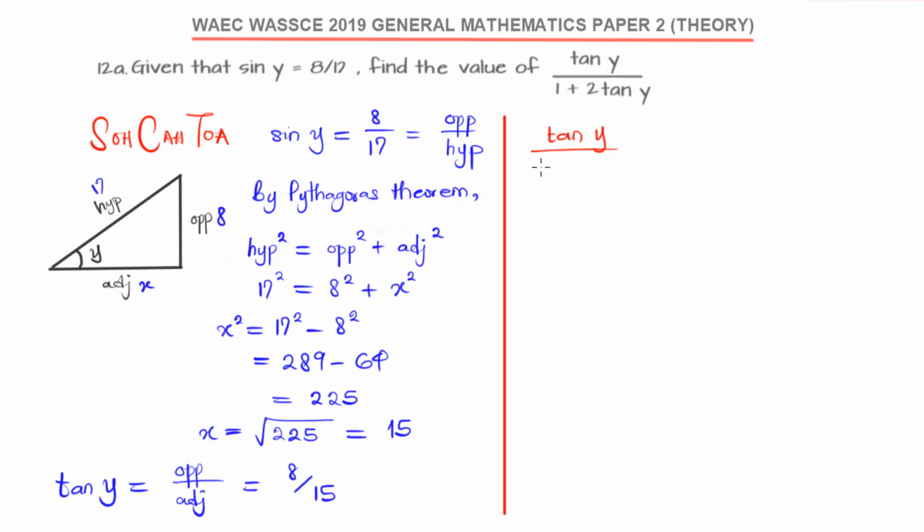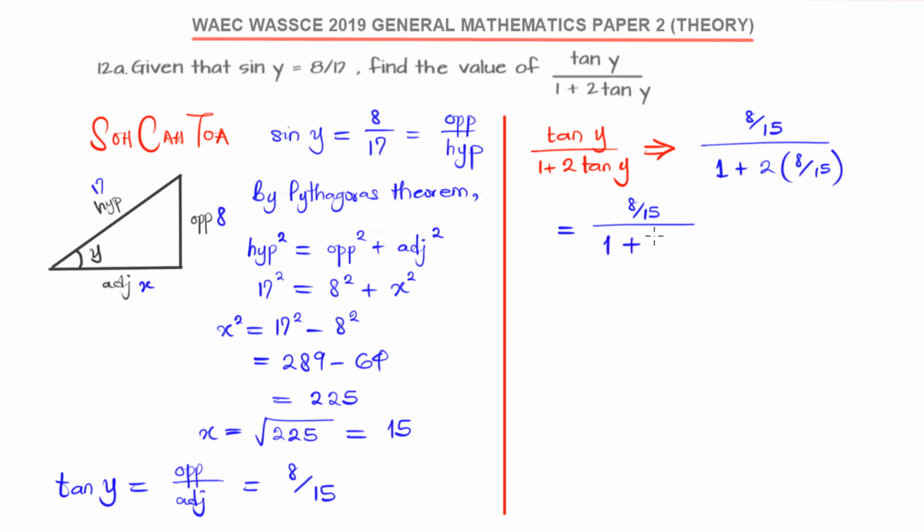So tan y over 1 plus 2 tan y will now amount to 8 over 15 divided by 1 plus 2 times 8 over 15. If we just open up this bracket, you can see that this will give us 8 over 15 divided by 1 plus 2 times 8, which is 16, that's 16 over 15.